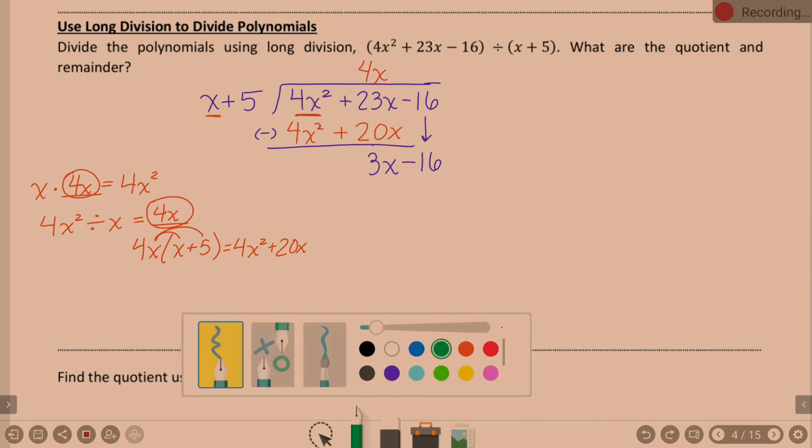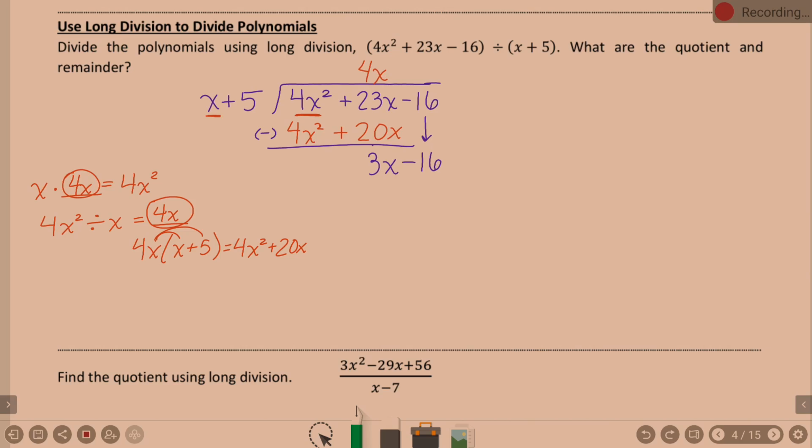Okay, are you with me here? We're going to go back, and we're still using the x, but this time we're asking ourselves, x goes into 3x. So my elementary, non-proper form is how many times does x go into 3x? Really, it's saying x times what is 3x? That's really what we should be asking ourselves.